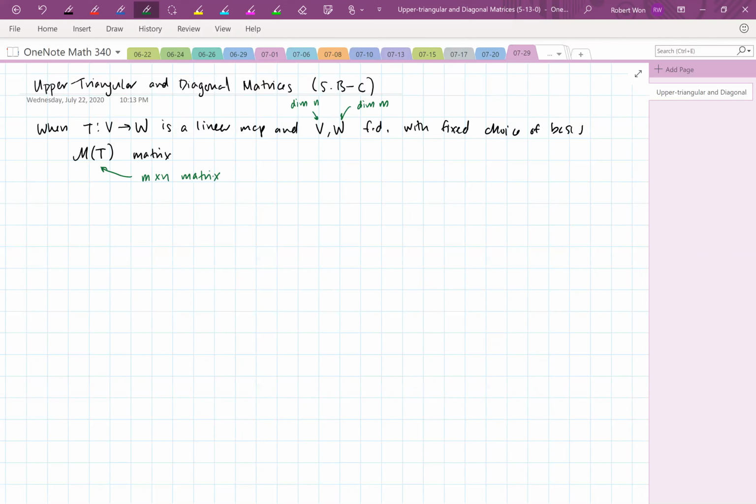And an operator is just a linear map from a vector space to itself. So if T is an operator, well, if I want to talk about its matrix, it only applies to the case when V is finite dimensional, with a fixed choice of basis.